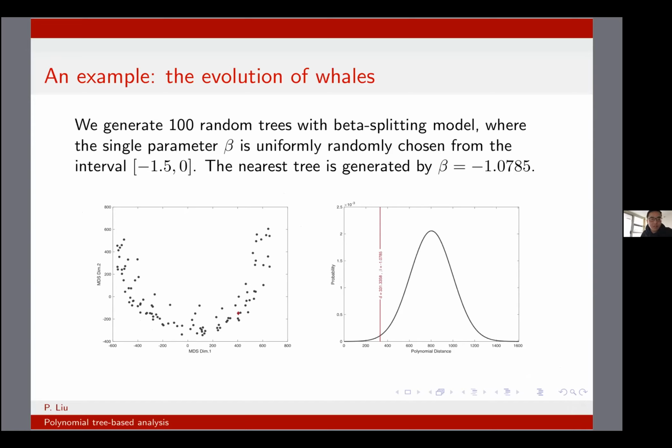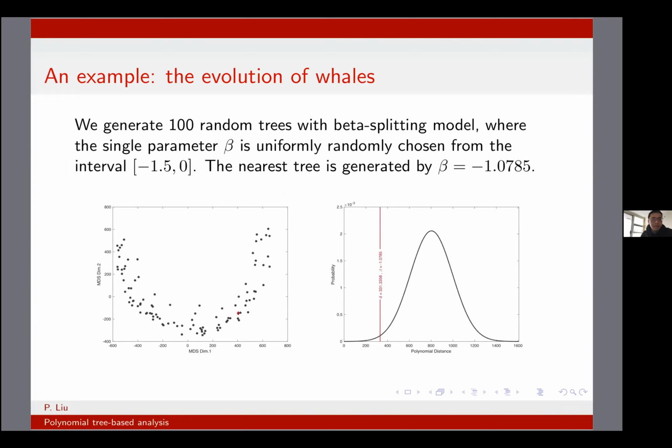Then I generated 100 random trees with the beta-splitting model, which is a tree generator, and we basically find the closest one, computed the distance, and compared it to the normal distribution. So we know that the distance between the simulated tree and the original tree is actually quite small. So we can say it is a good model, but it could be better.